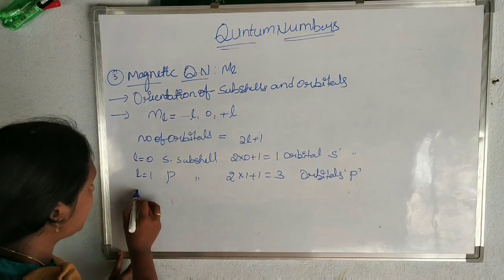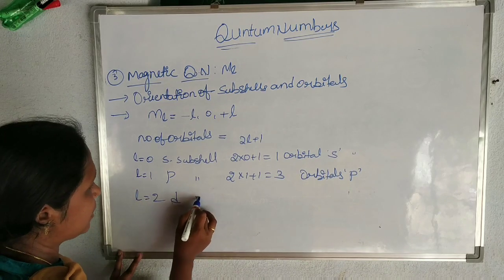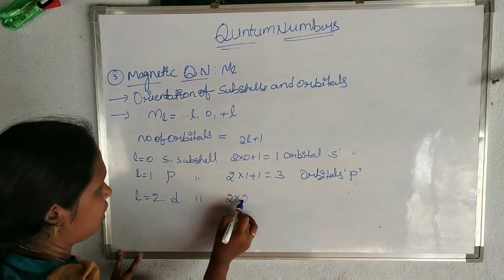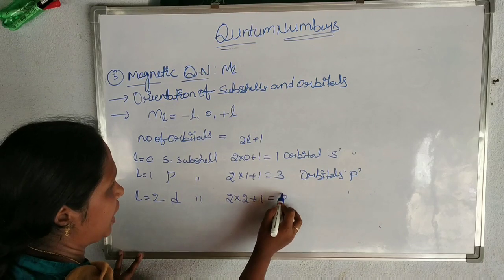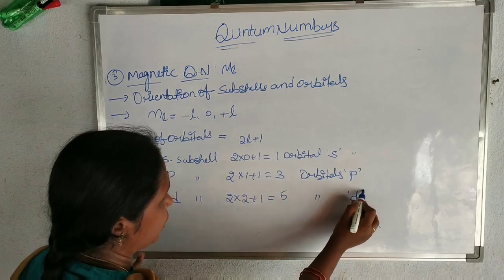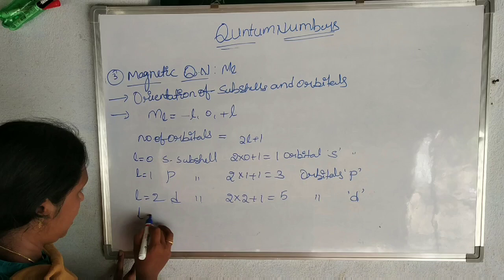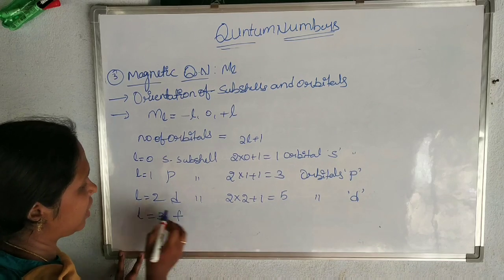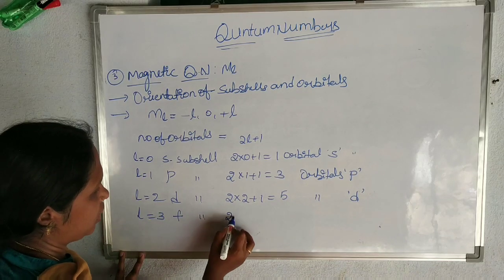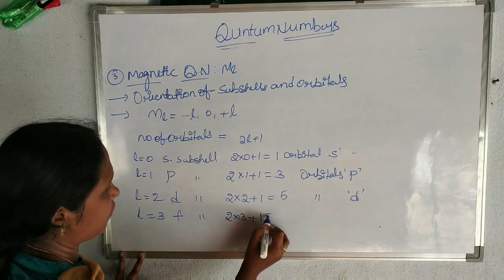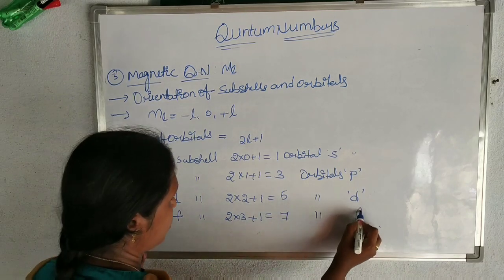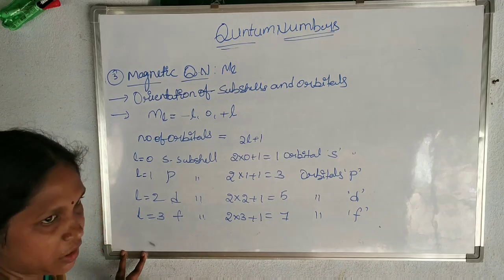If L equal to 2, D subshell, it has 5 orbitals, known as D orbitals. If L equal to 3, that is an F subshell. It has 7 orbitals, known as F orbitals.